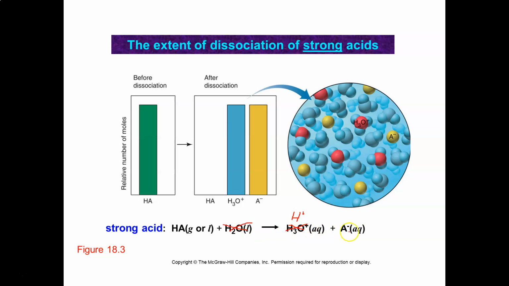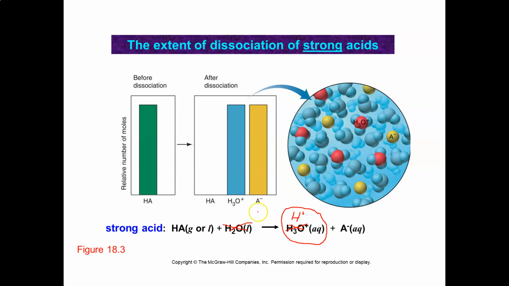Sometimes it's written this way, sometimes it's written with the water. You should be familiar with it either way. The thing I want you to understand is that H plus and H3O plus are basically equivalent. They mean the same thing. It's your H plus ion or H3O plus ion.